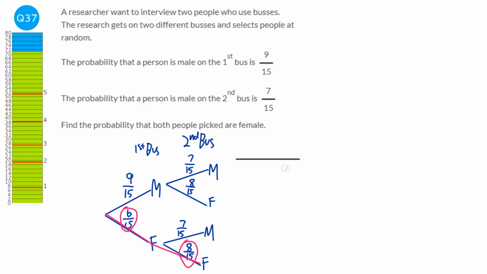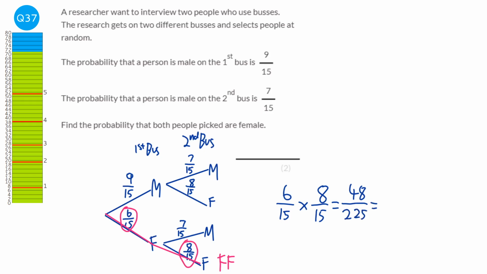So whenever you're finding the probability of getting to an outcome, so this outcome will be FF, because they're both female, you are multiplying the fractions that you go across. So it would be 6/15 times 8/15. So 6 times 8 is 48. And times the bottoms, 15 times 15 is 225.